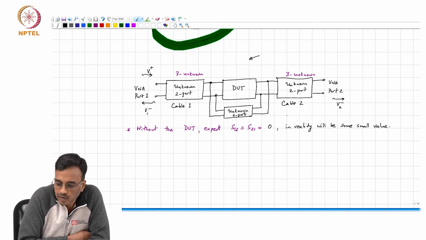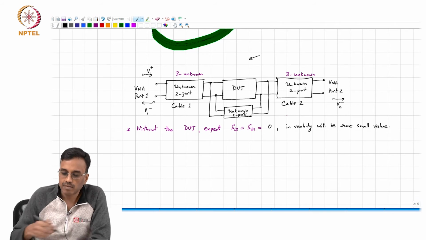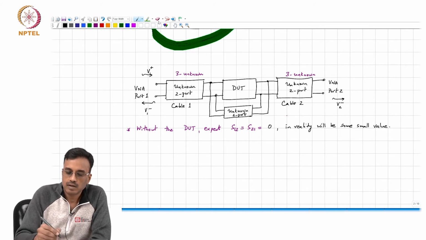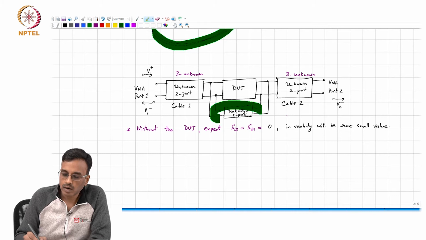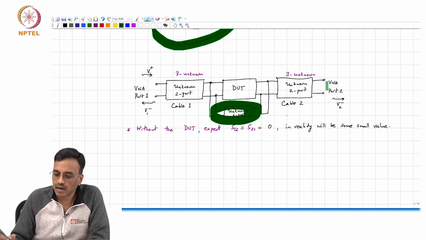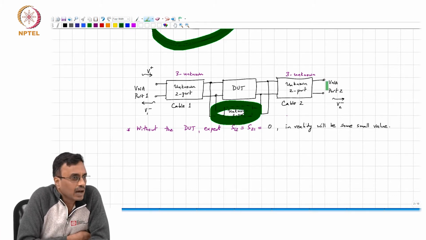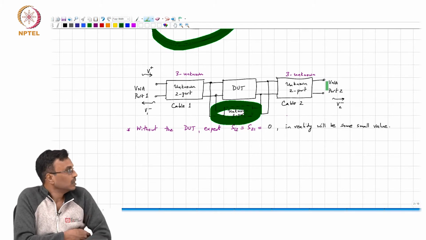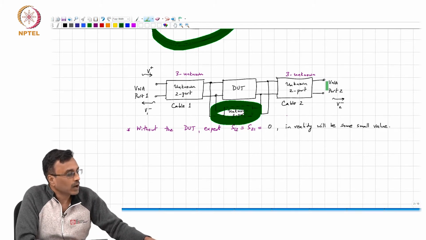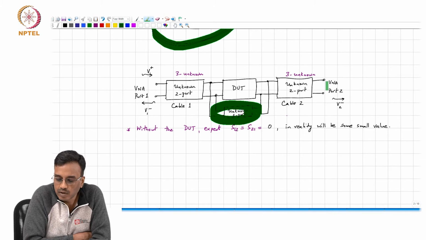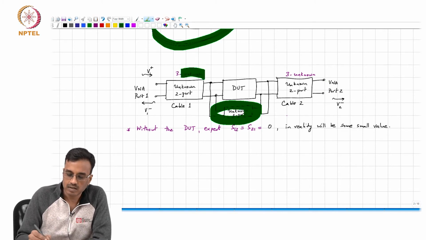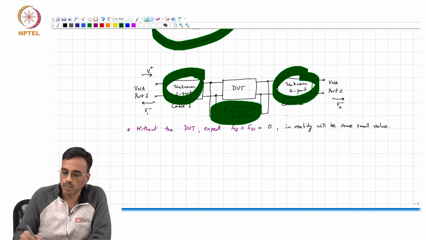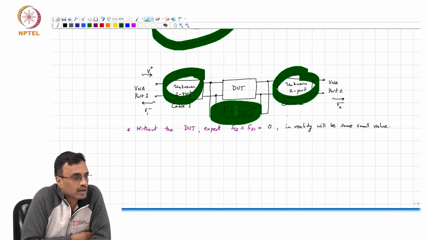Now you need to figure out what you're measuring at ports 1 and 2: the DUT, but now you have something here and some path between the input and output.